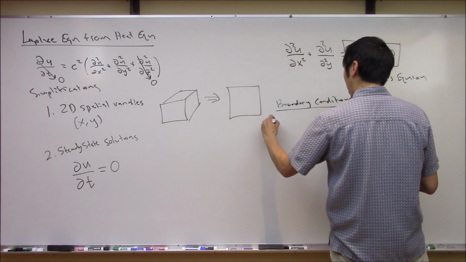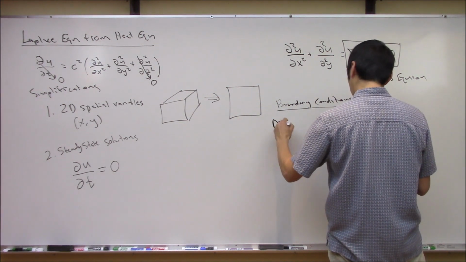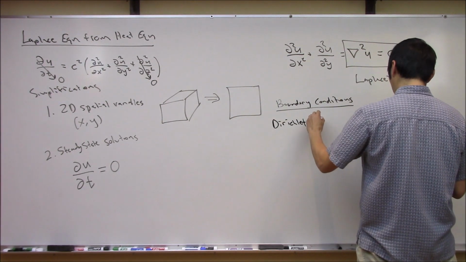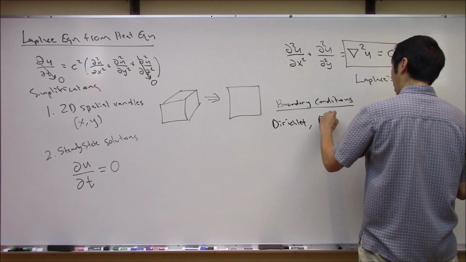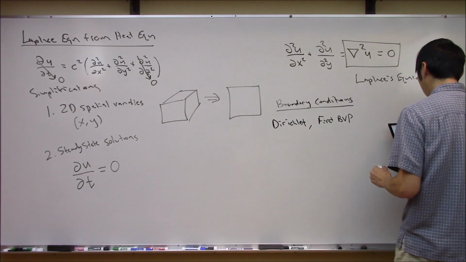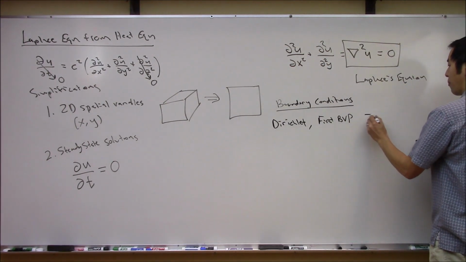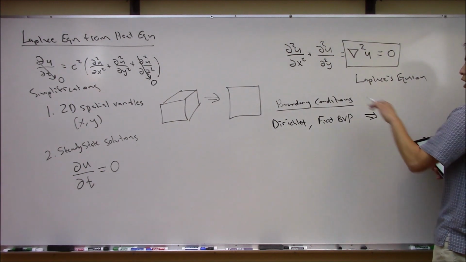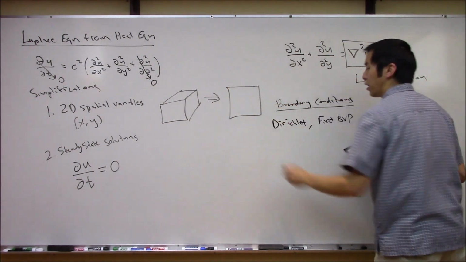A Dirichlet problem, sometimes also referred to as a first boundary value problem, happens when the temperature distribution u is prescribed all around the boundary of this system.